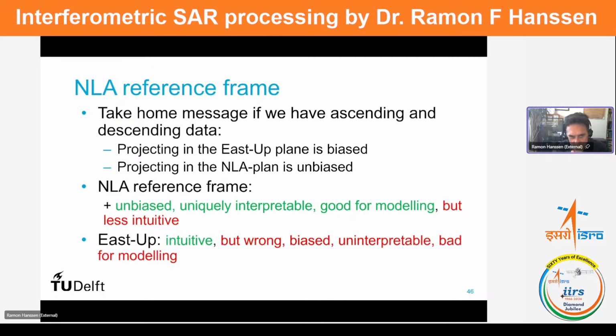Now, obviously the traditional choice that is usually made is the east-up plane, so we have an east-west component and an up-down component. That has the advantage that it's intuitive because we more or less feel where east is, we can interpret that, we know what up is, but it is wrong, it's biased.